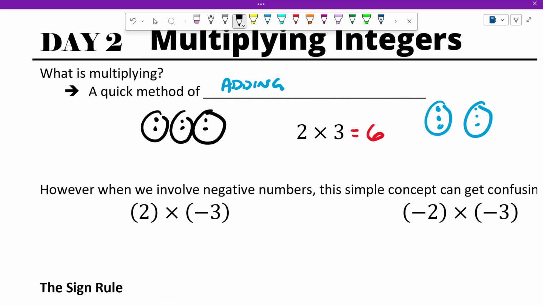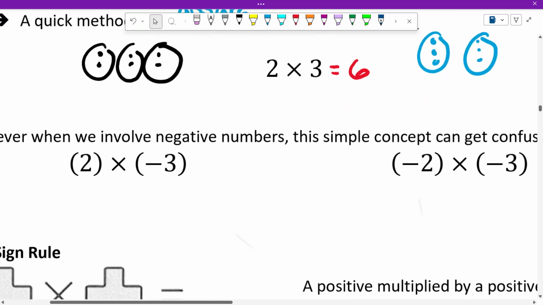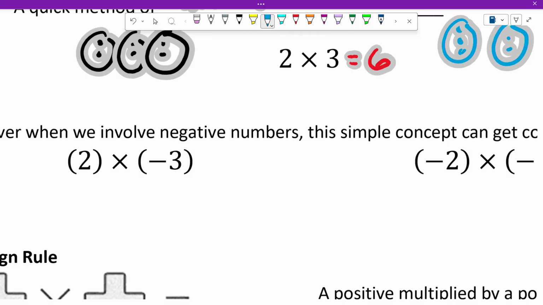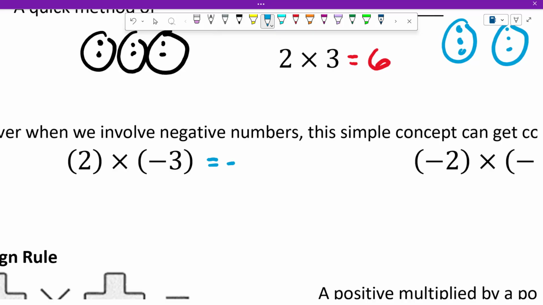So we have these 2 statements that we need to figure out. We have 2 times negative 3. Landry, do you have a guess what that might be? Negative 6. All right, and Landry's answer is correct. Let's talk about this. This is saying that we have 2 groups of negative 3.